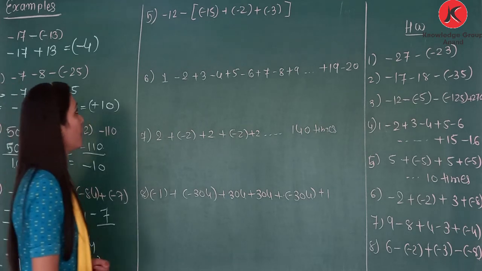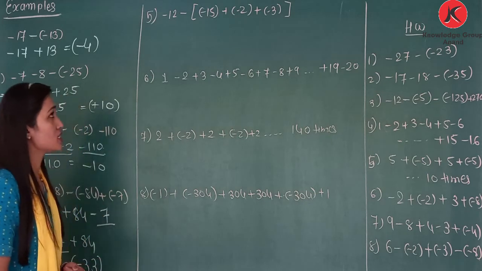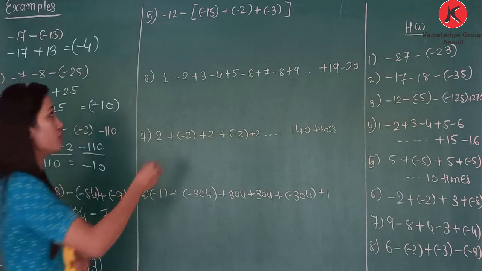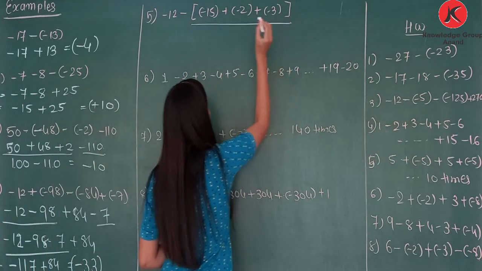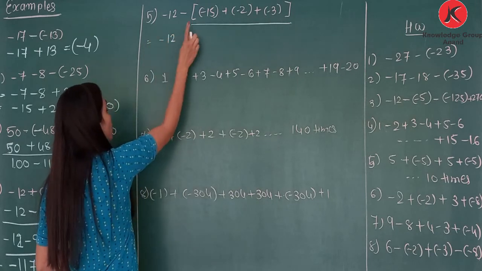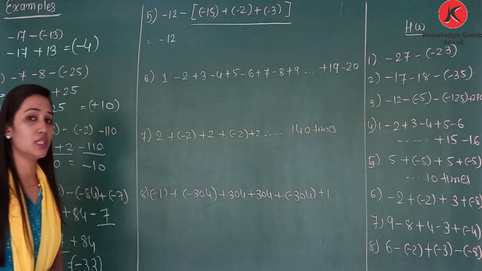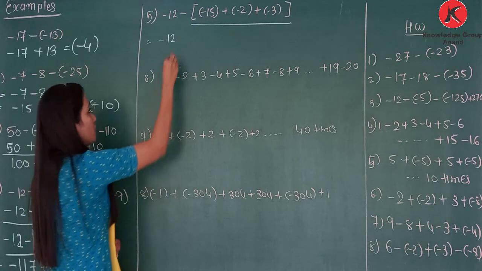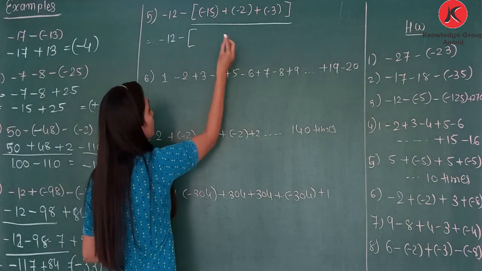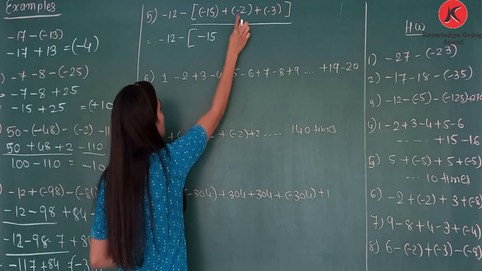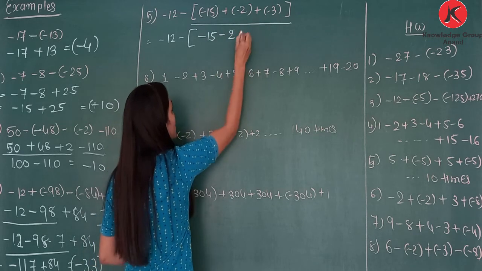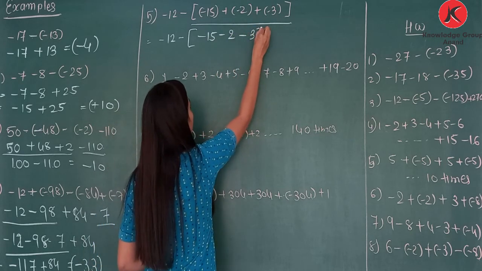Next one, fifth one is minus 12 minus. Now here a bracket is given. So first we will solve this bracket. Whenever a bracket is given, solve the numbers that are inside the bracket. Minus 15 plus minus 2 plus minus 3.